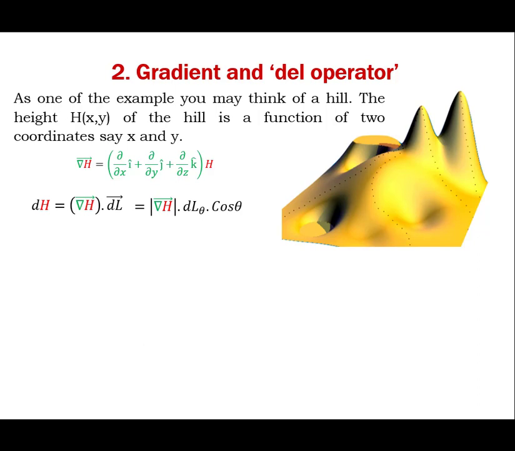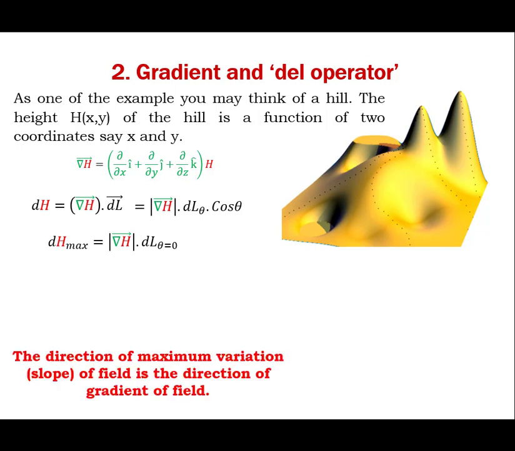The one in which dh is maximum must be in the direction of the gradient of h, because in that case theta will be 0. So the direction of dl, or our movement, and the direction of the gradient of h are the same. So the direction of maximum variation or slope of the field is the direction of the gradient of the scalar field.